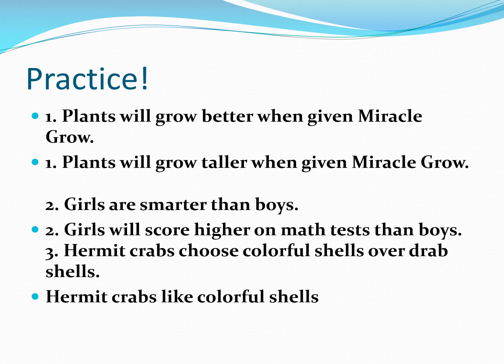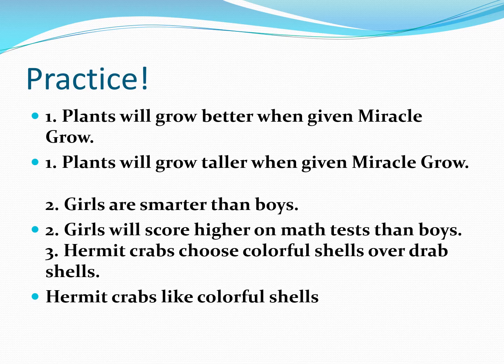So just for some practice, these are some examples of sentences that people have written in the past. The first one, if you'll notice, the two go together: plants will grow better when given Miracle-Gro, or plants will grow taller when given Miracle-Gro. These are both hypotheses, and they both have an if part and a then part.